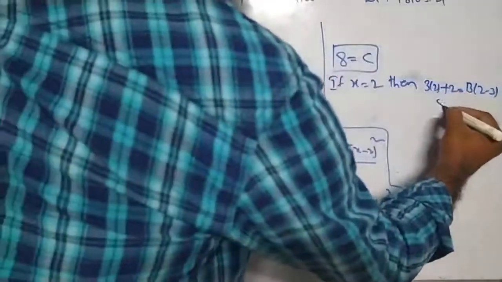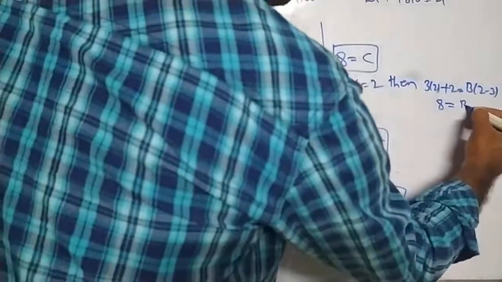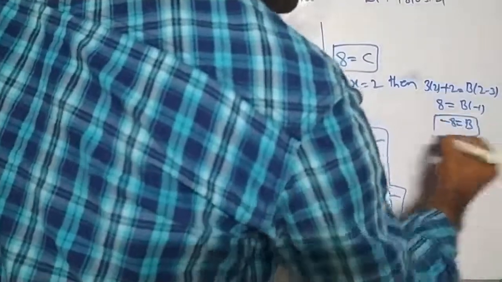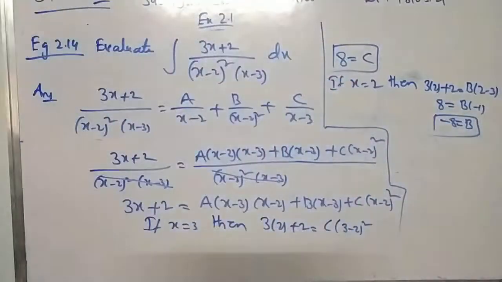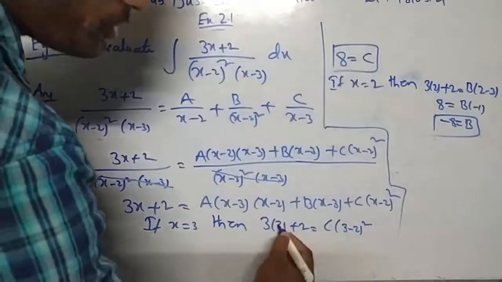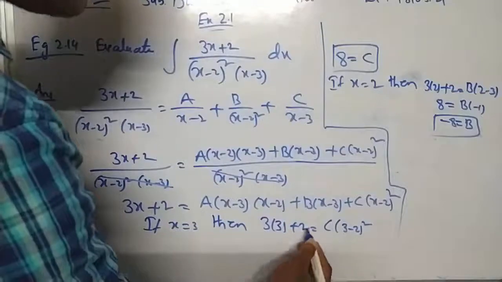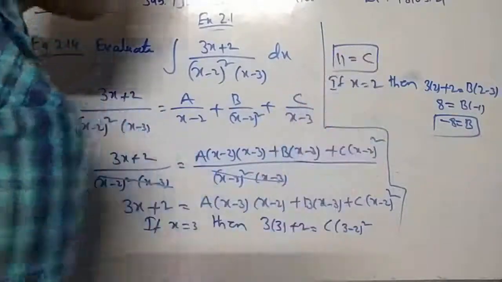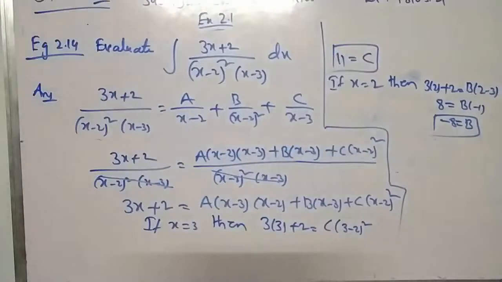So 3 2s are 6 plus 2, 8 is equals to b into minus 1, so minus 8 is the b value. Sorry, in the previous case x is 3 and now I have substituted 2. So c value is 11 and b value is minus 8.